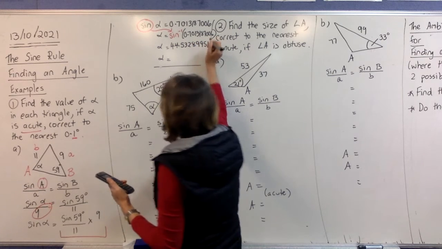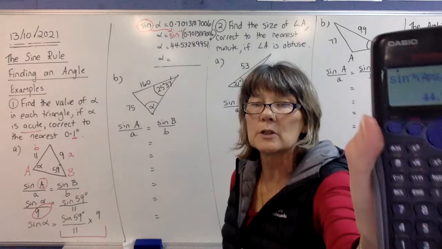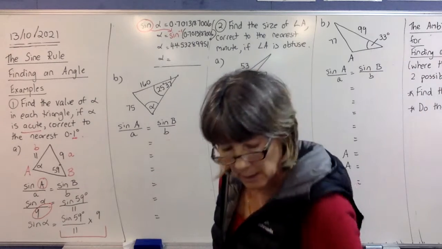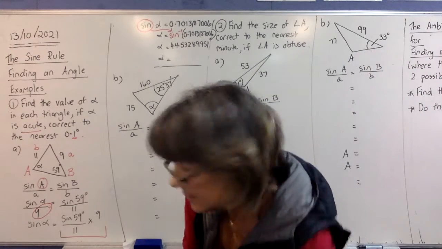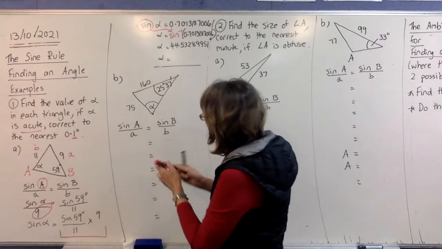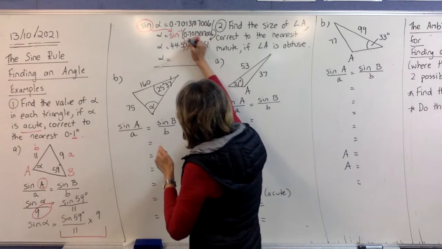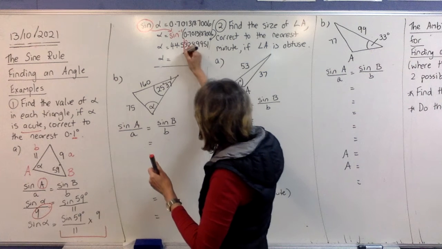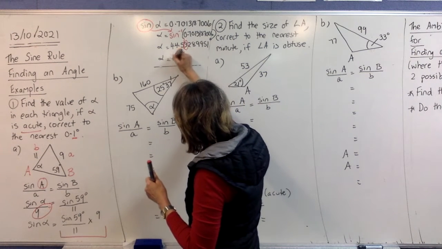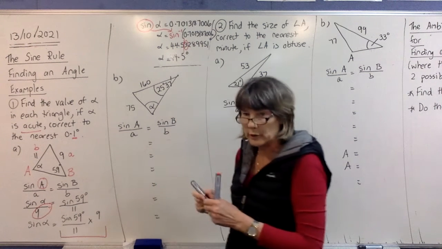Now, that answer is in degrees because we've got the D on the top of the screen there for degrees. And now we're rounding off to 1 decimal place, like they wanted over here. And the 3 is less than 5, so we're staying as a 5 here. And your answer is 44.5 degrees.